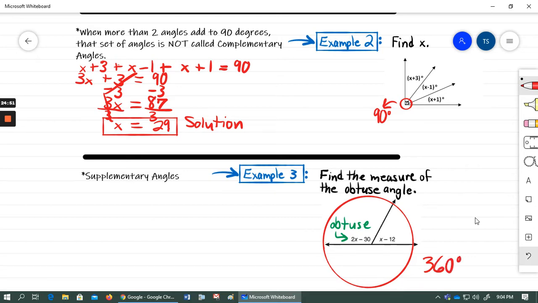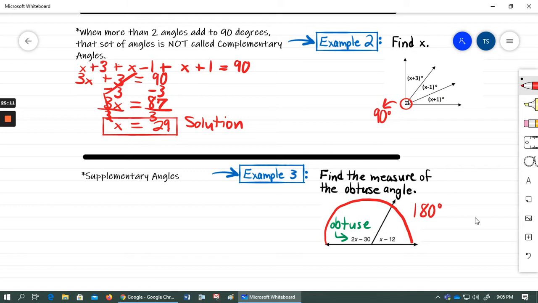We're going to come back to that in just a little bit. But we know the whole measurement for a circle is 360 degrees. So if we're looking at just half of a circle, what we call a semicircle, then that's 180 degrees.